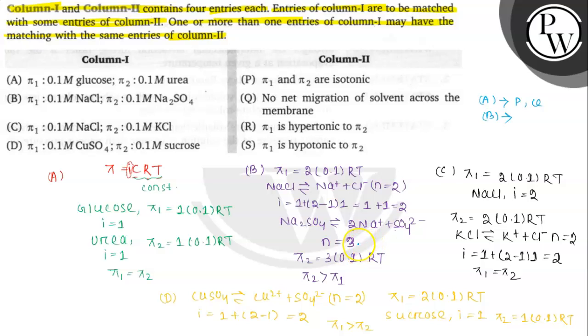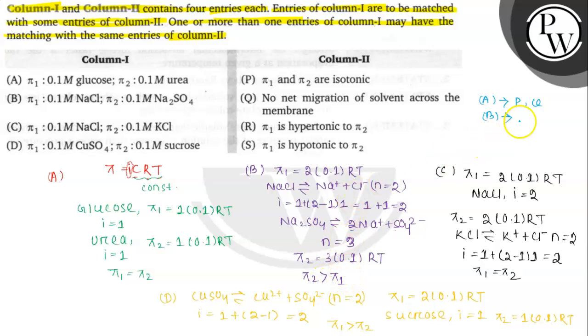As pi 2 is greater, pi 2 is hypertonic compared to pi 1 and pi 1 is hypotonic. So R is not for B, because in B pi 1 is hypotonic and pi 2 is hypertonic. So pi 1 is hypotonic to pi 2, that means B is matched with S.